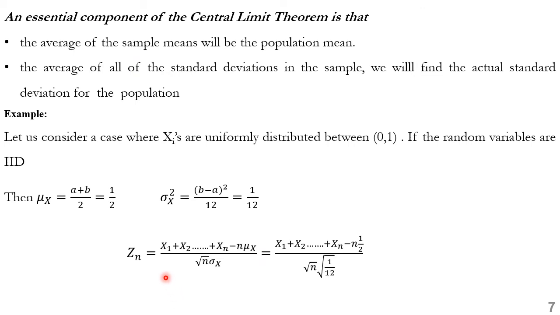So Zn is defined as (x1 plus x2 up to xn minus n into mu x) divided by (root n sigma x). So that can be written as (x1 plus x2 up to xn minus n by 2) divided by root n, root of 1 by 12.